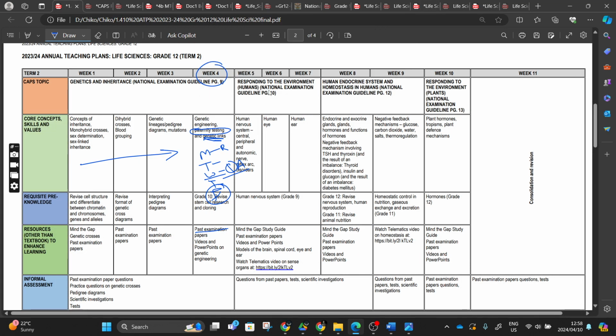Under this genetic engineering, we will be doing practicals, right? You will be asked to interpret a graph. So you know that we have the line graph, the bar graph, the histogram, the pie chart, you understand? You should be able to interpret these, and when we see this, it's mostly asked under experiment questions, right?